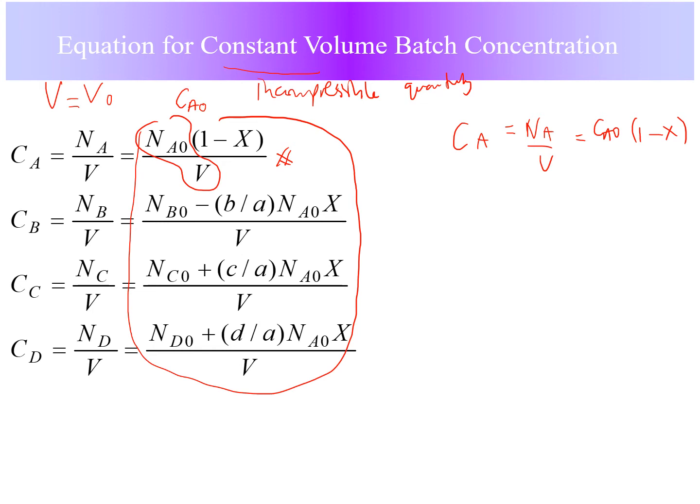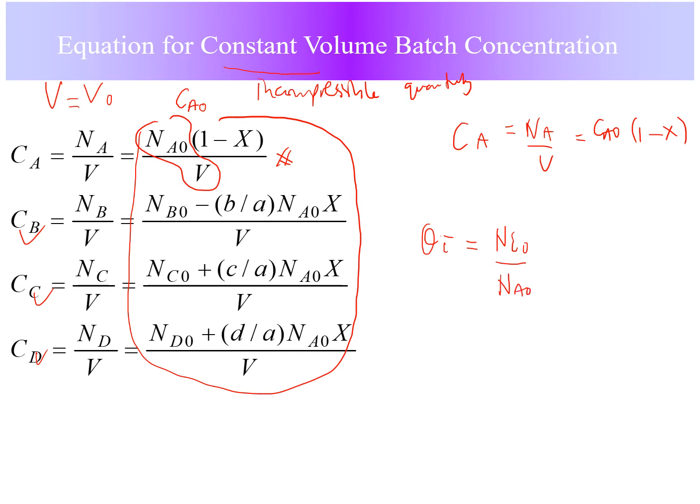But for B, C, and D, what we need to do now is to change it into one term only. So here you will be introduced to a new symbol, which is theta. Theta I is equal to Ni naught over Na naught.